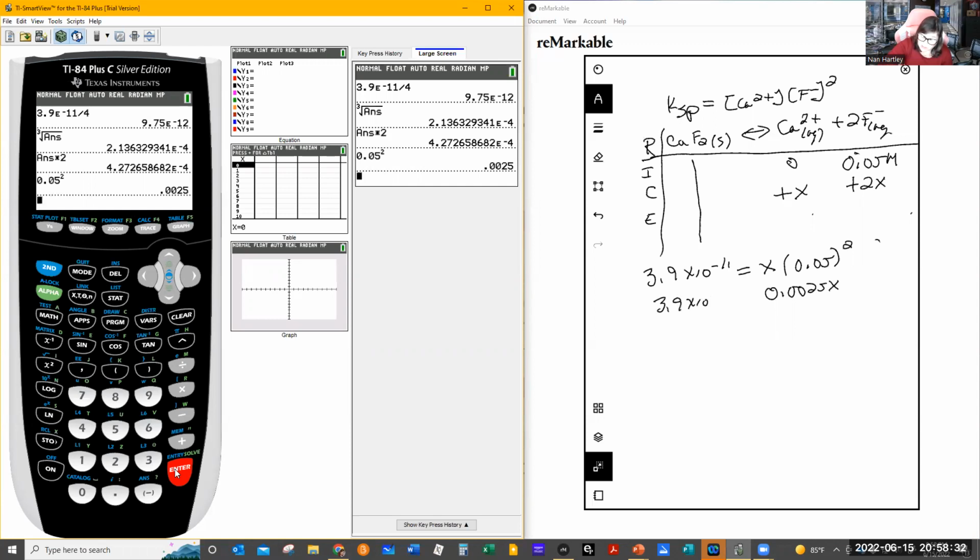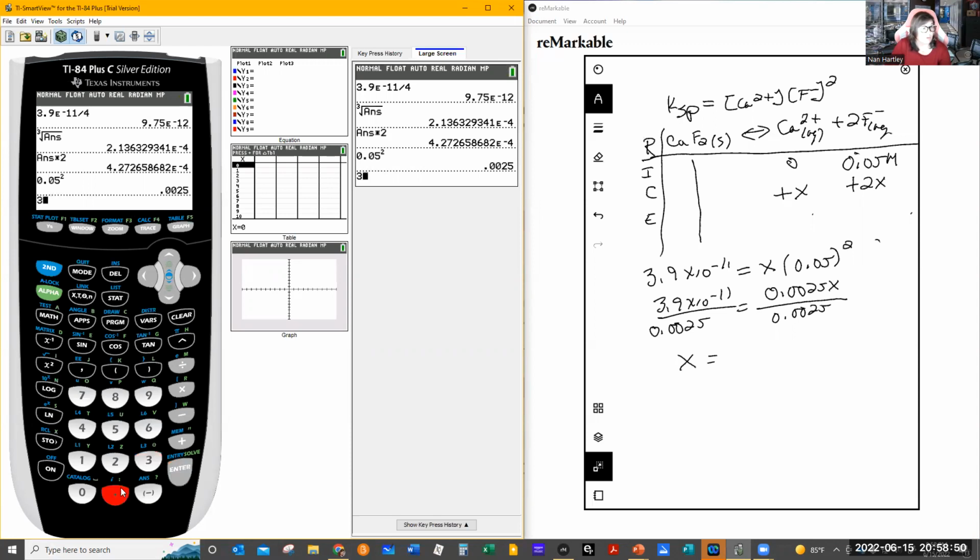3.9 times 10 to the minus 11th. I'll divide both sides by the 0.0025. And that's going to leave me with an x equal to whatever that calculation comes out to be.